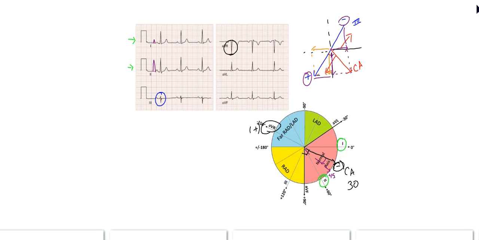So looking at it, it would be heading in this direction. Because there's a strong negative deflection, it means it's measuring current traveling in the opposite direction that this electrode is measuring. It doesn't measure current going this way, but current traveling in the opposite direction. So that's where that black arrow came from. Because a negative deflection means that you should follow the negative side of that.